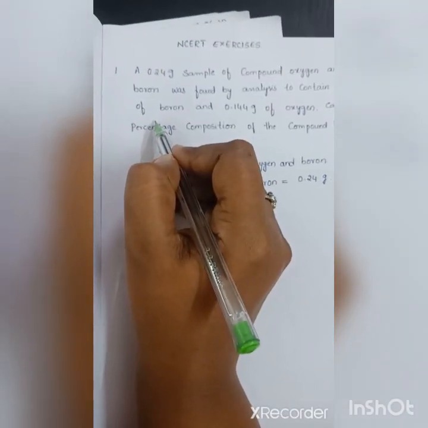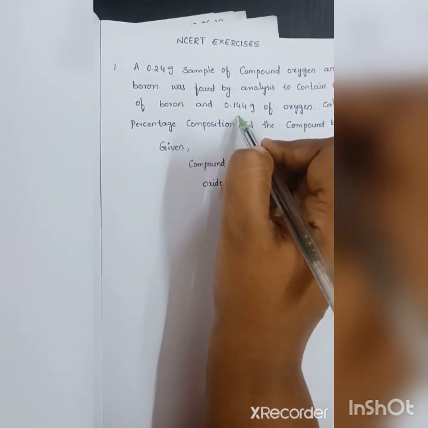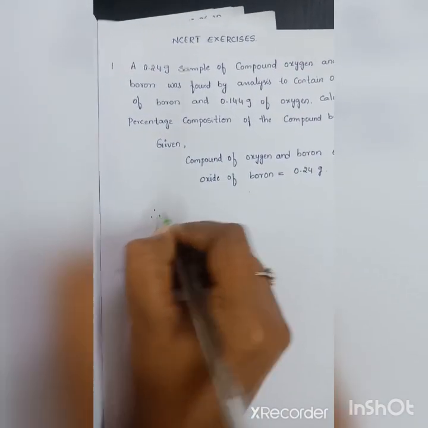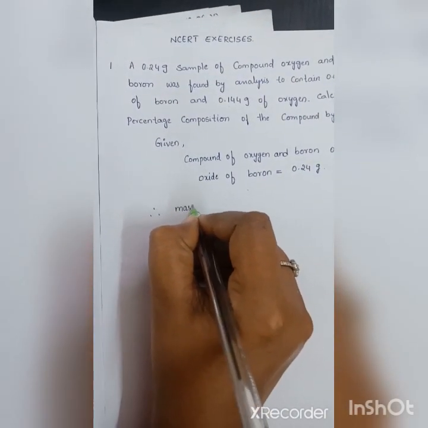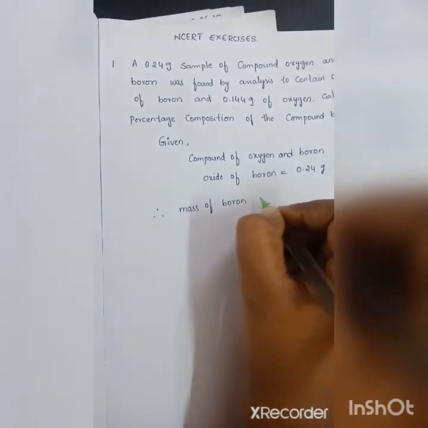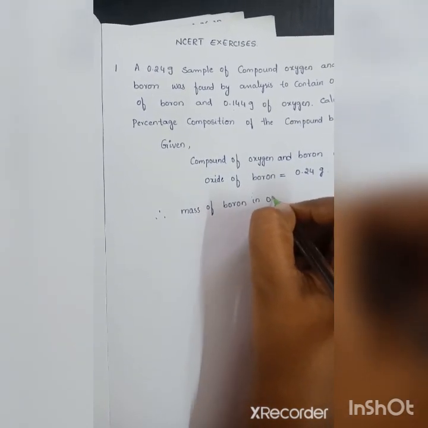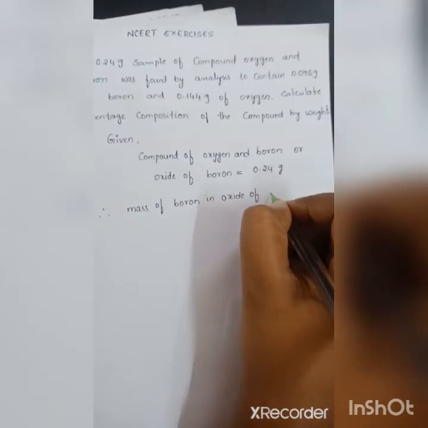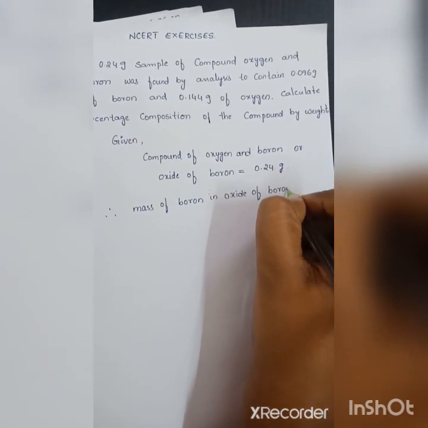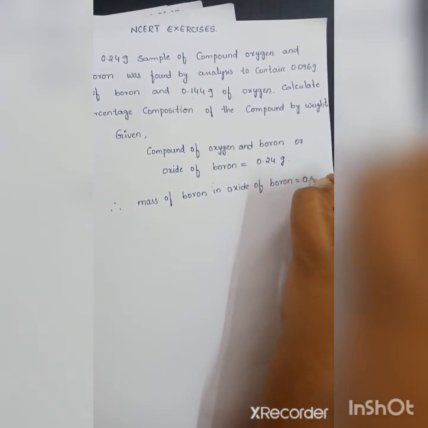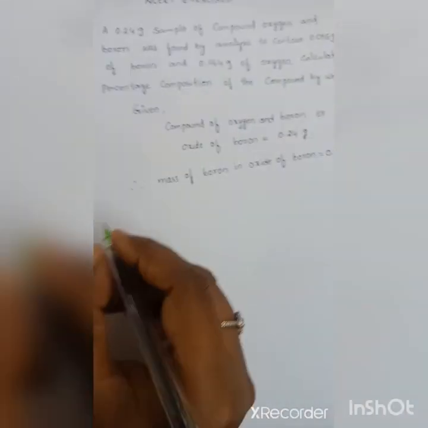Yes. Now this oxide of boron contains 0.096 grams of boron and 0.144 grams of oxygen. Therefore, mass of boron in oxide of boron is equal to 0.096 grams.